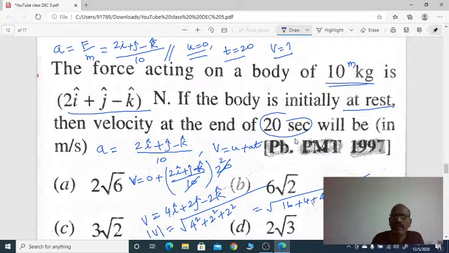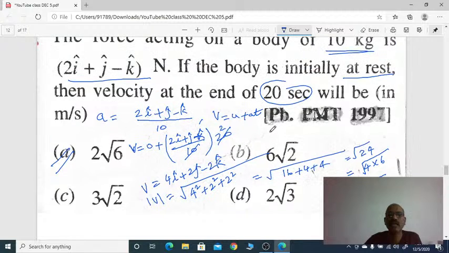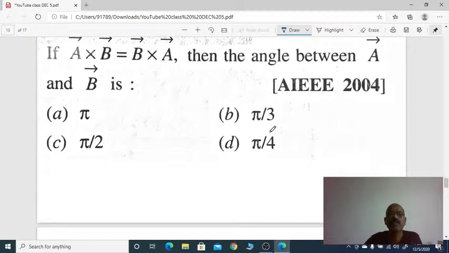You can see that 24 is 4 into 6. So 2 root 6 is the correct option. The first one is the correct option. Okay, let us go for the next one. So understood this? Yes, we'll go for the next one.